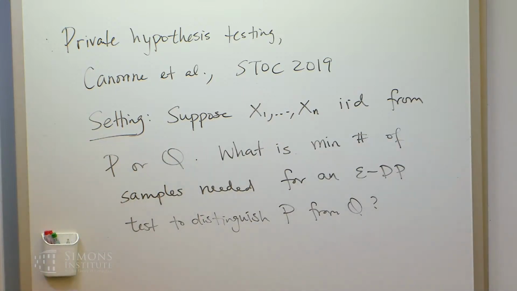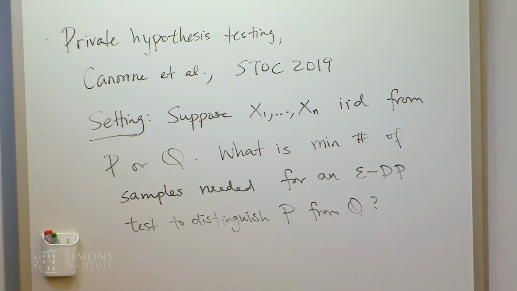I'm not going to go into the details of exactly what it means for it to succeed, but the one thing I want to say is that they study two different private algorithms.